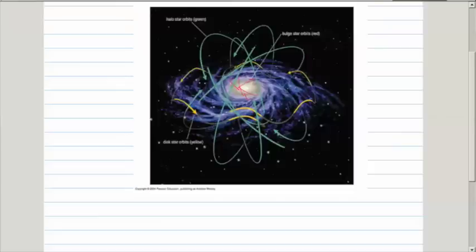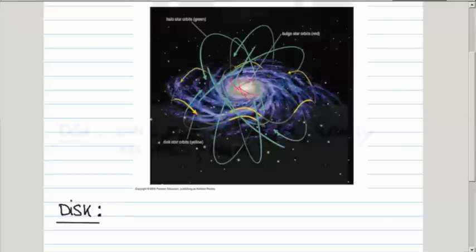So first of all, if we look at the disk stars, the stars in the disk move along circular, slightly undulated orbits, where the stars basically stay close to the disk, but they move up and down. But overall, their orbit is circular with this slight undulation up and down, right?